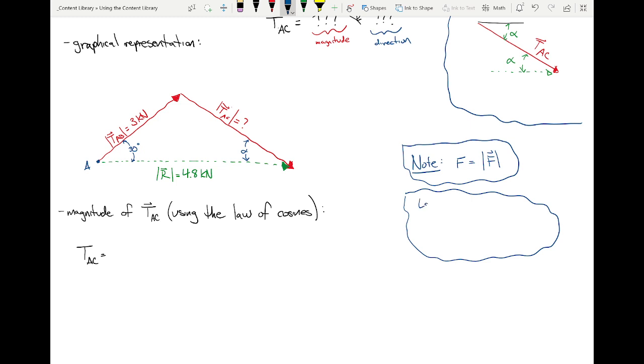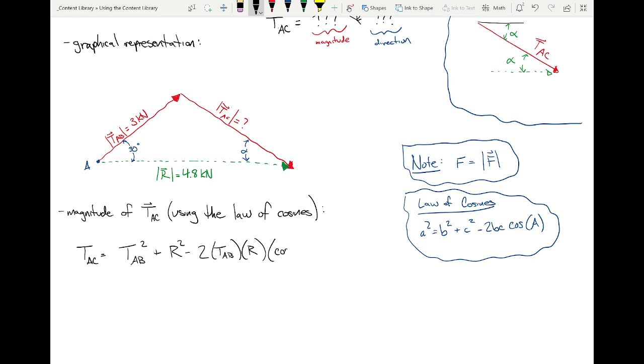The law of cosines states that a squared equals b squared plus c squared minus 2bc cosine of A. So TAC is going to equal, let's see if we can write it out symbolically, TAB squared plus R squared minus 2 TAB R cosine 30 degrees. Is that right?